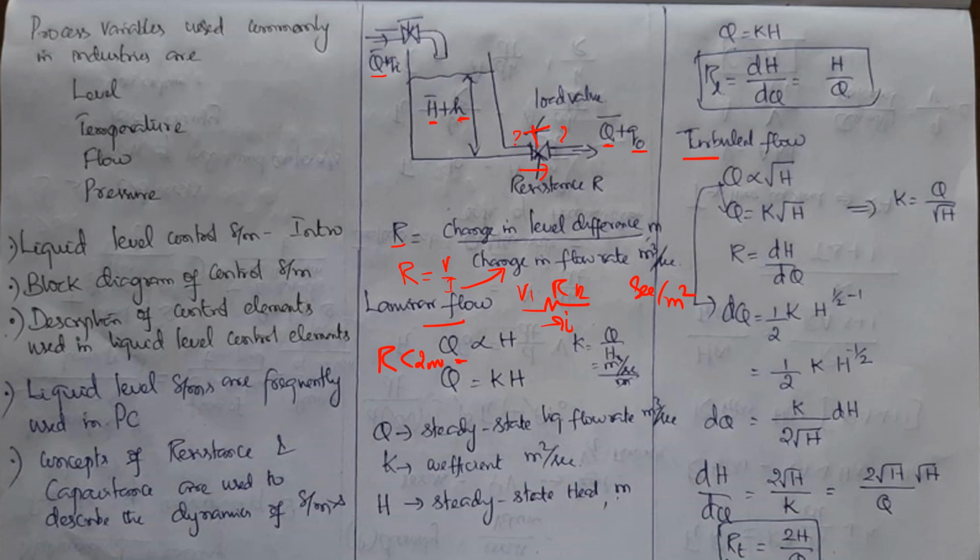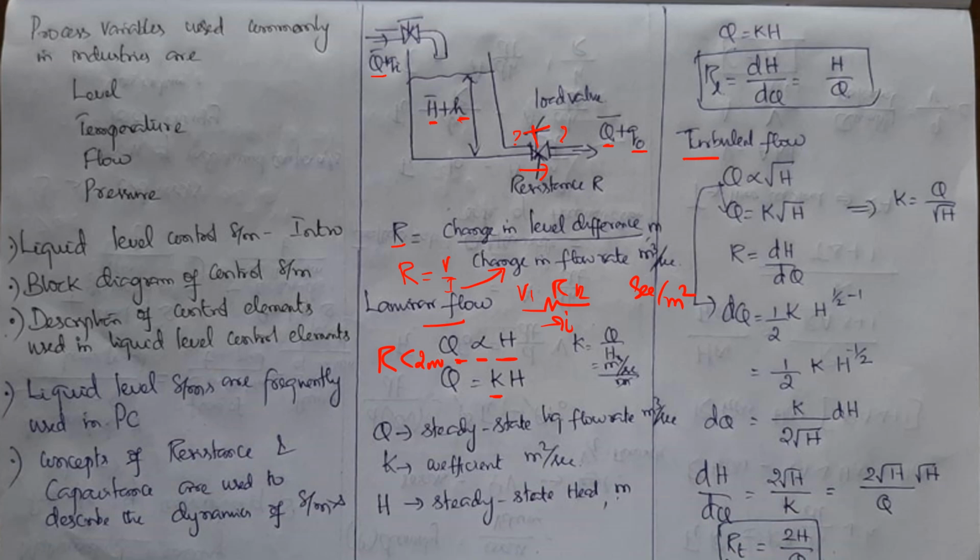Generally, flow rate is proportional to the level of the tank. In order to remove the proportionality, we introduce a constant K. Q is the steady state liquid flow rate, and K is the coefficient, with unit meter square by second. From this we are going to derive the resistance value.